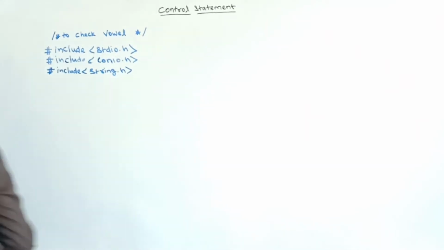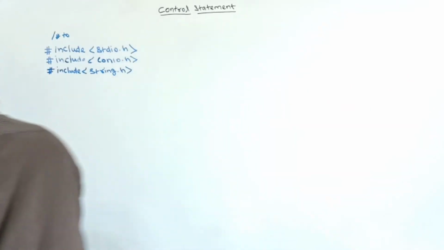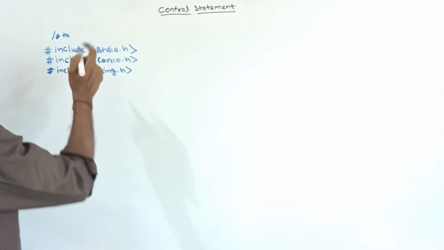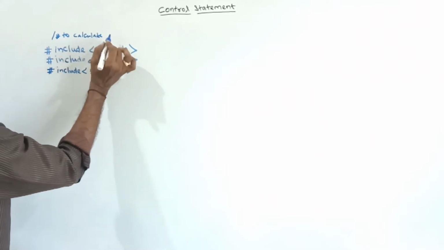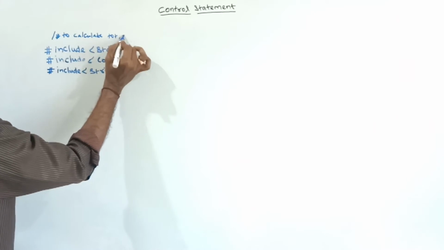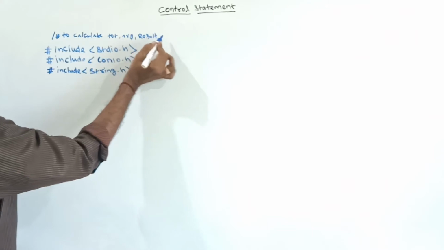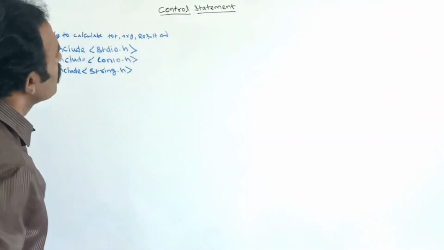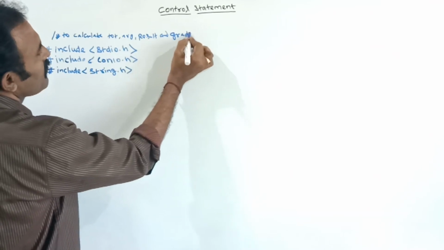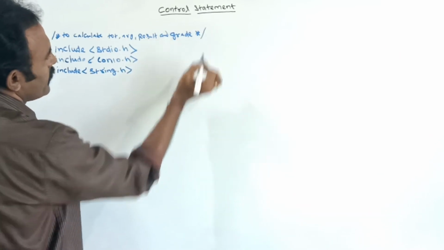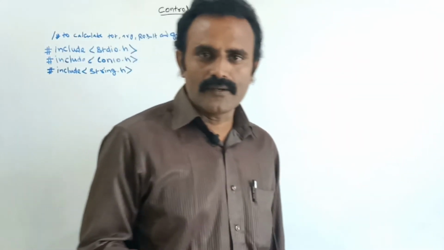This program is used to calculate the total mark, average mark, result, and class or grade, like first class, second class, that grade. So with the help of this program we are going to calculate the student marks.